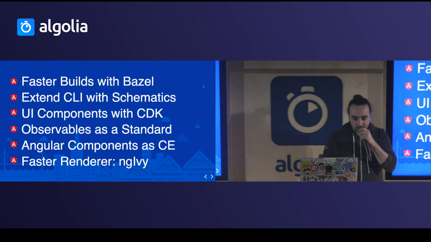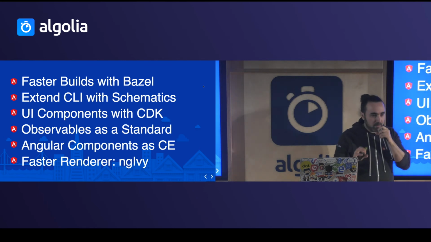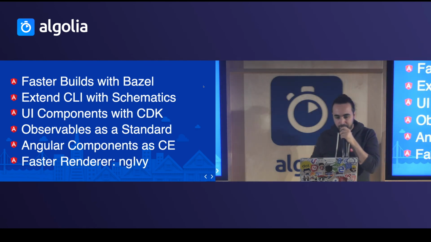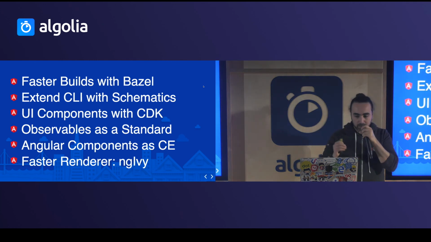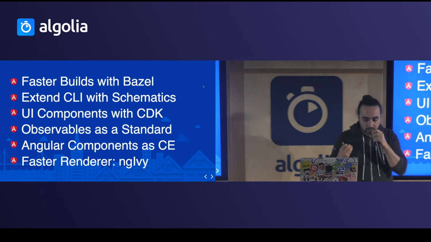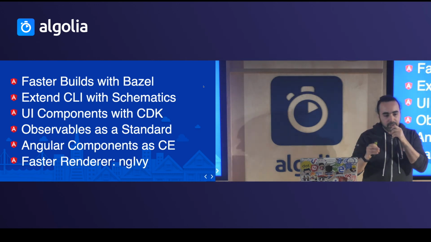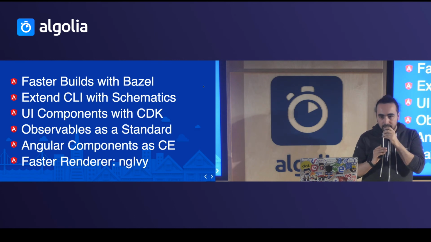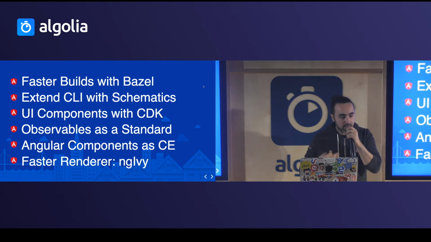All right, so we talked about a lot of stuff. These are some of the upcoming features for this year. Again, a new build system, which would be integrated into the Angular CLI, so we could use it for free. Extending your blueprints with schematics.